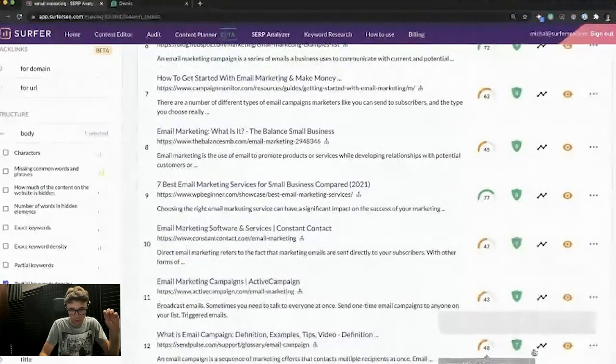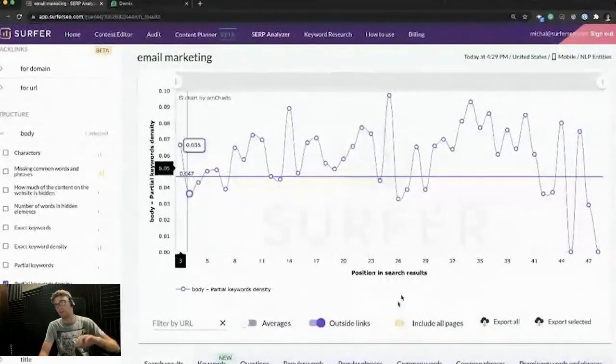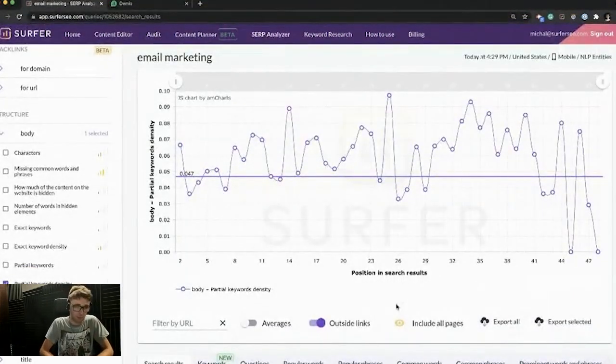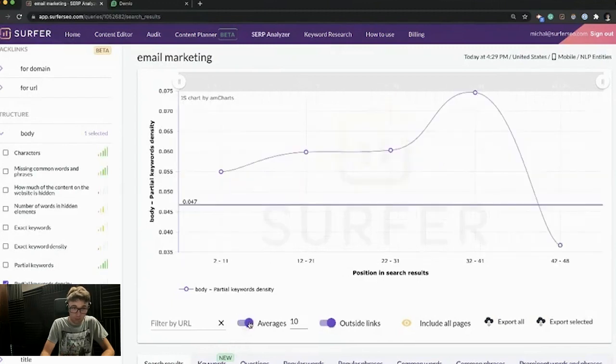I would just click here, show on chart, and you see the horizontal line. So we have a reference point. We know our level, and we know the average; we can turn on the averages actually, and we are slightly below the top 10 average, but just slightly.